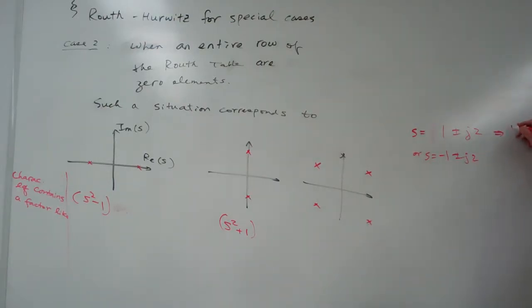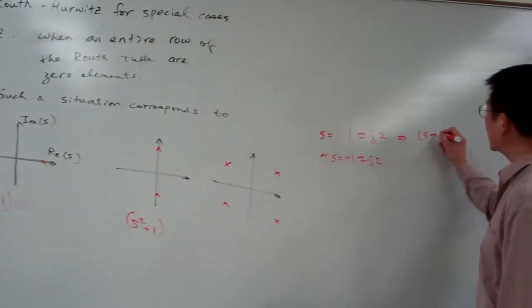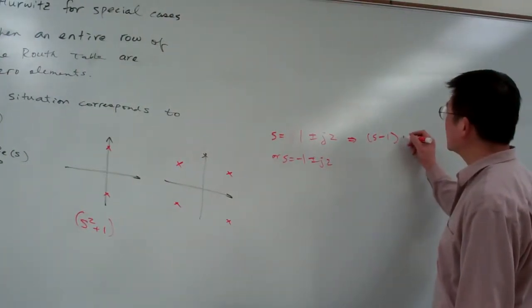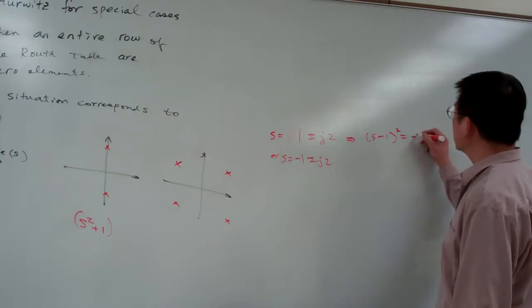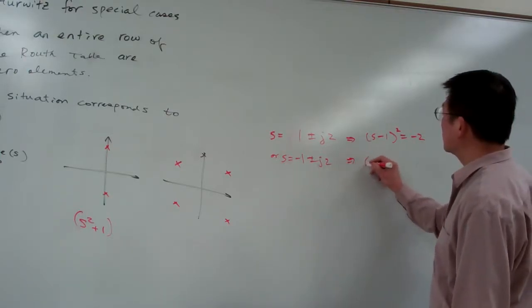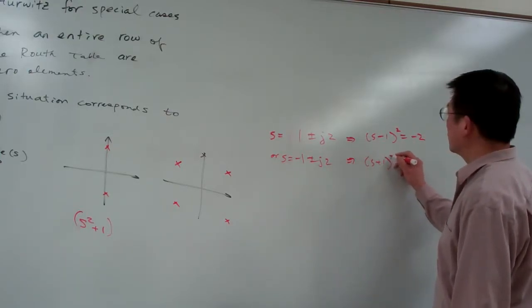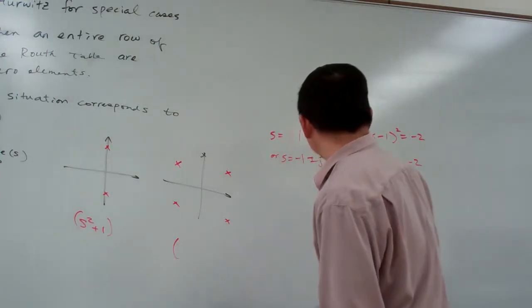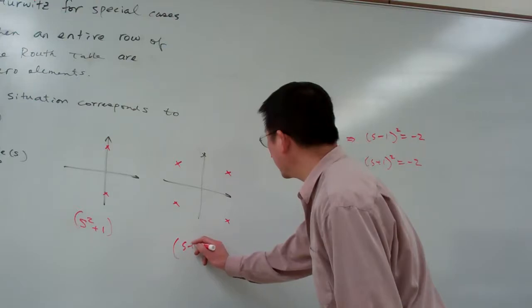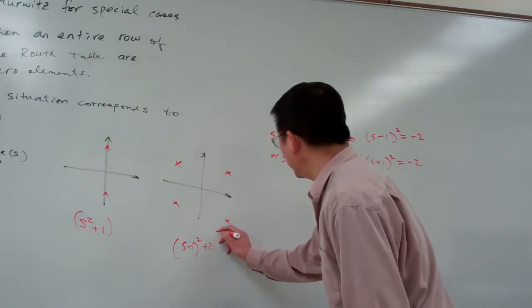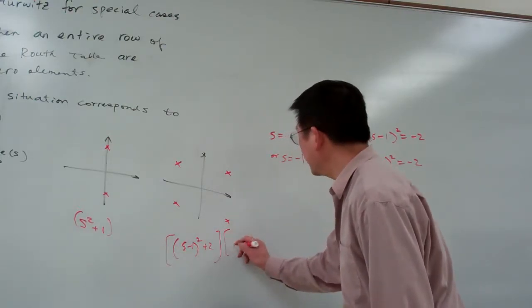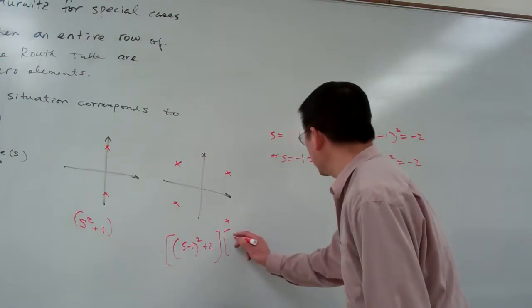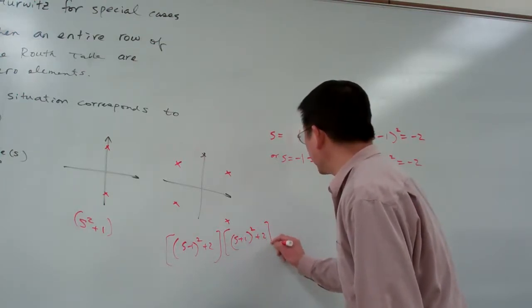I do this scratch calculation. You don't need to follow me. So that contains, for example, s minus 1 squared plus 2, multiplied with s plus 1 squared plus 2, something like this.